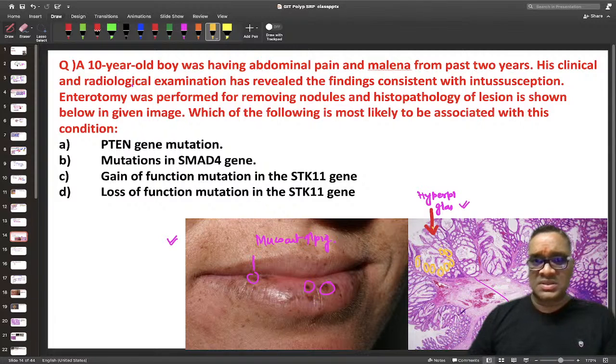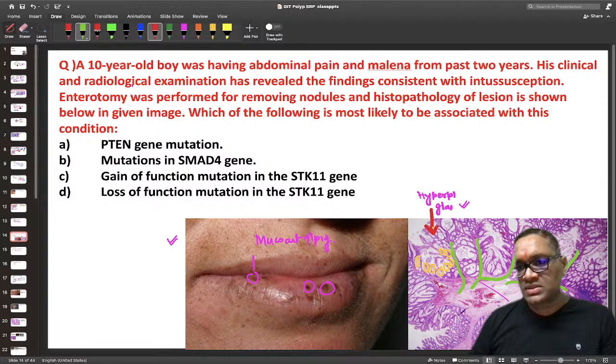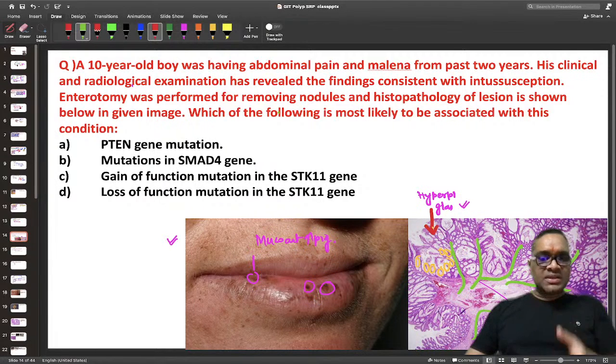So this is the hyperplasia, and within this hyperplasia, now you can notice smooth muscles are intersecting between them. Can you notice these are all smooth muscles, the pink color, right? So all these pink color smooth muscles are intersecting. That gives an appearance like a tree.